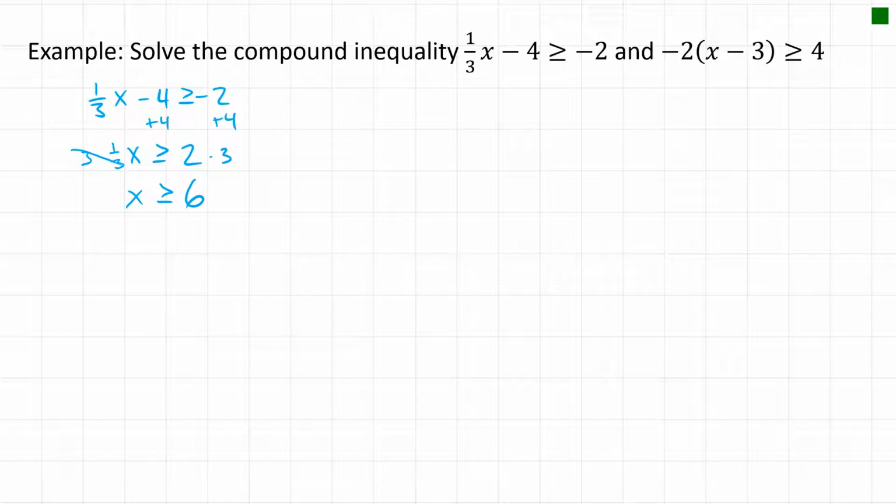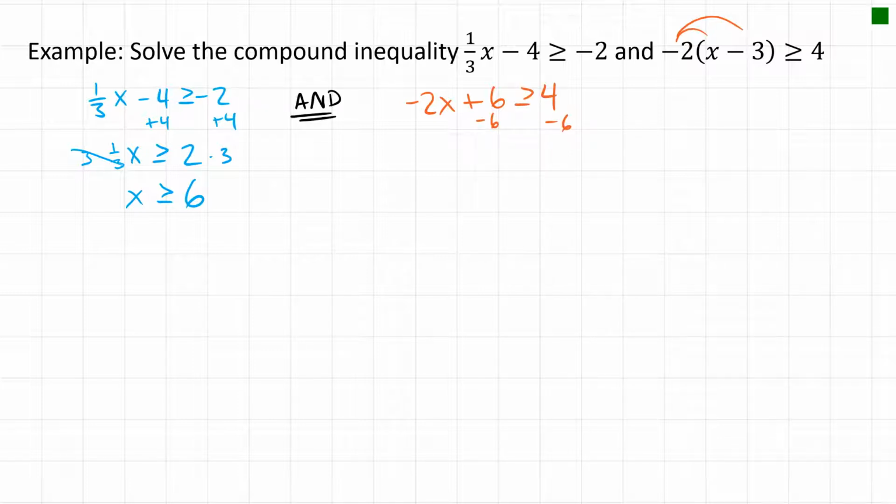Great. Now let's move over to the inequality on the right. So that has to be true, and this other inequality has to be true. So multiply that negative 2 in, we get negative 2x plus 6, negative 2 times negative 3 is positive 6, is greater than or equal to 4.